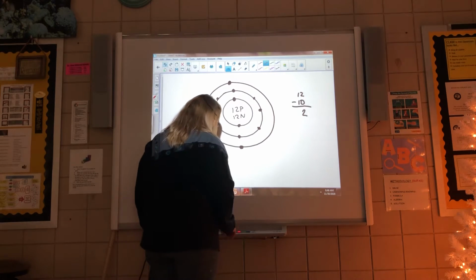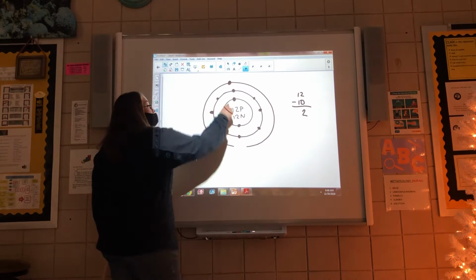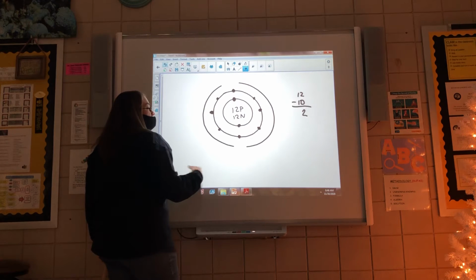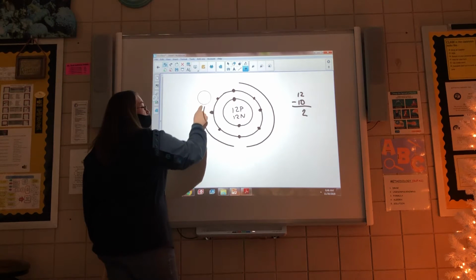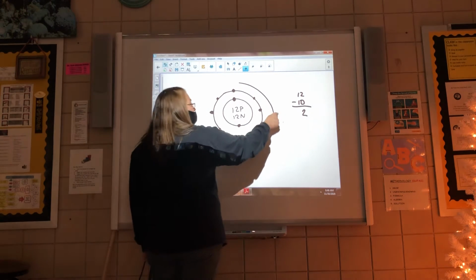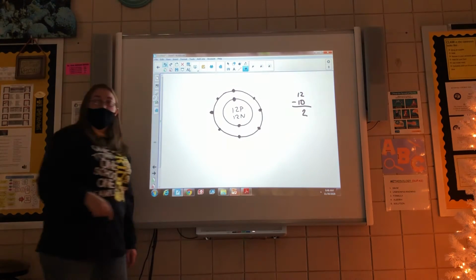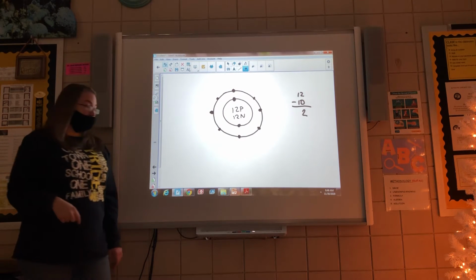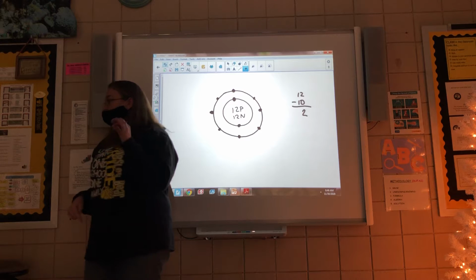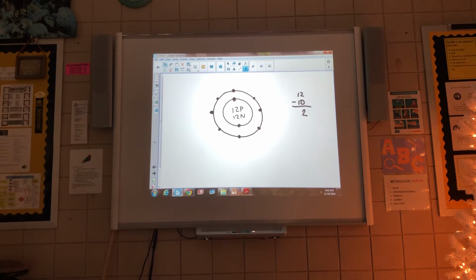Or I can lose these 2 electrons. That takes all of them off of this outer level. Now do I have a full outer level if I've lost those 2? Yes. Okay. Well, let's go a little bit further.